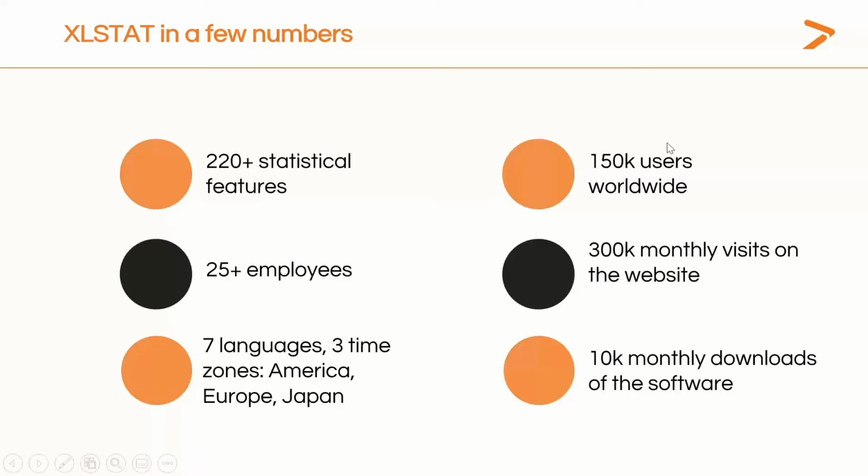It has more than 150K users worldwide, more than 25 employees at your service, 300K monthly visits on the website, and the software is available in 7 languages and has offices in 3 different time zones, so America, Europe, and Japan. The software is downloaded 10K times every month.